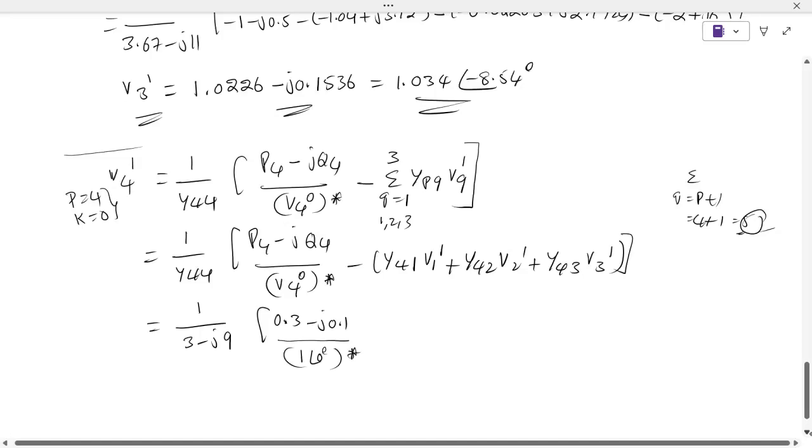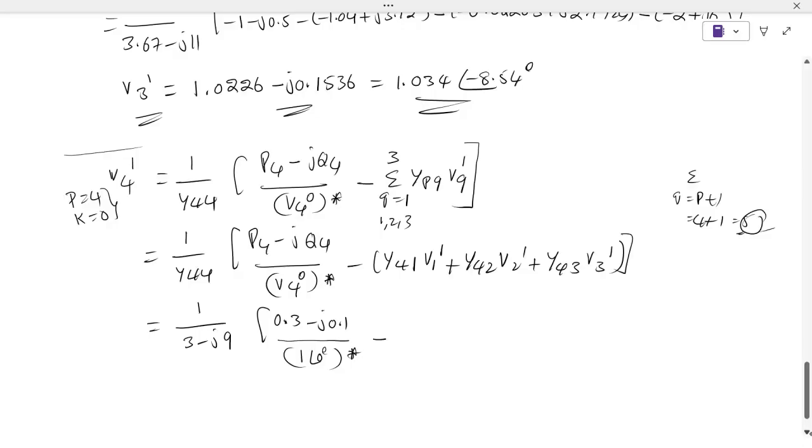Conjugate, minus Y41 and V11. Y41 is 0. This value is 0, as per the Y bus admittance matrix. So this is 0.